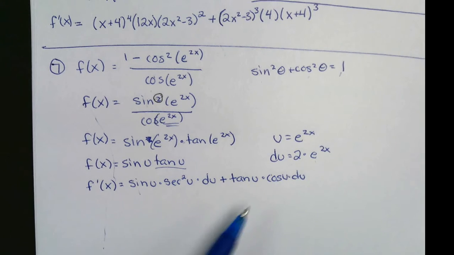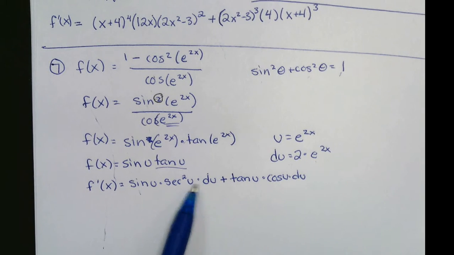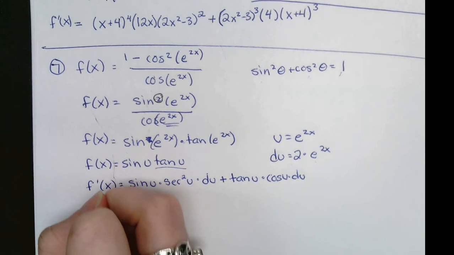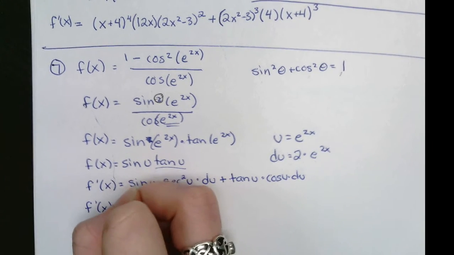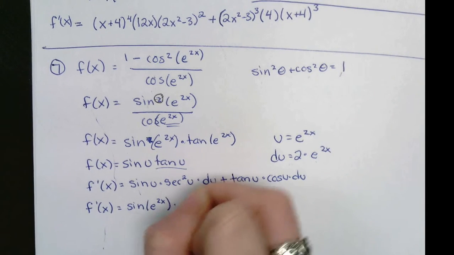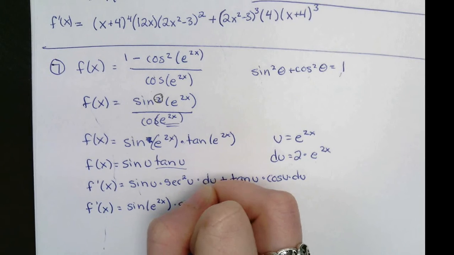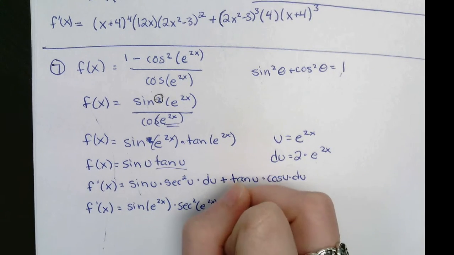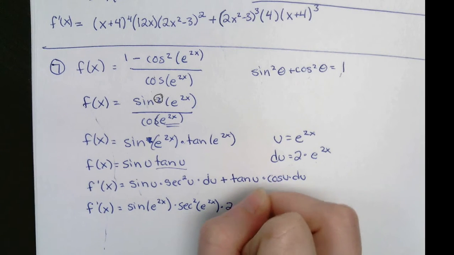Now, last thing, I'm going to replace all of our u's and du's here. So f prime of x is going to be equal to the sine of e to the 2x times a secant squared of e to the 2x times 2e to the 2x.